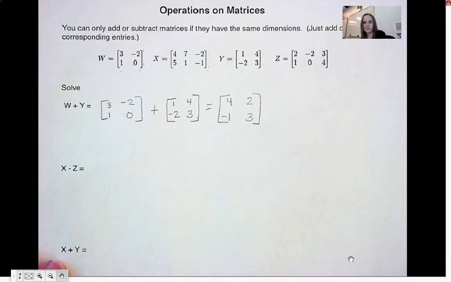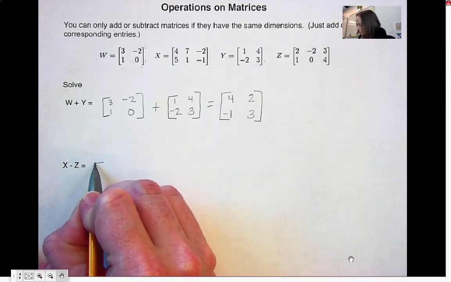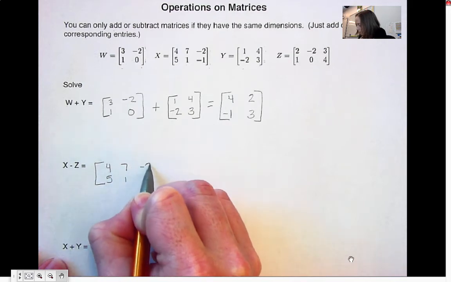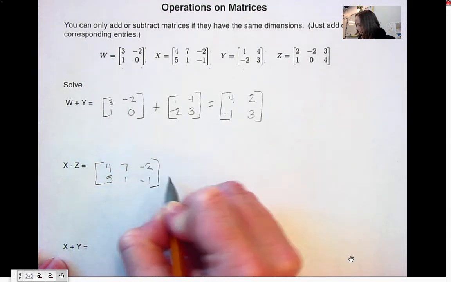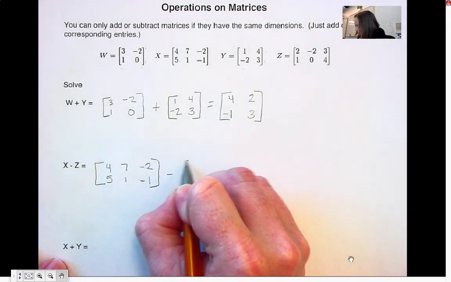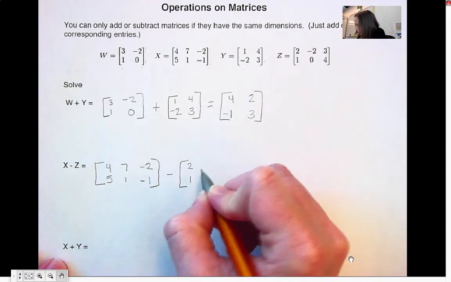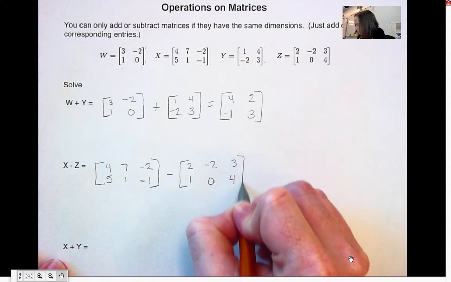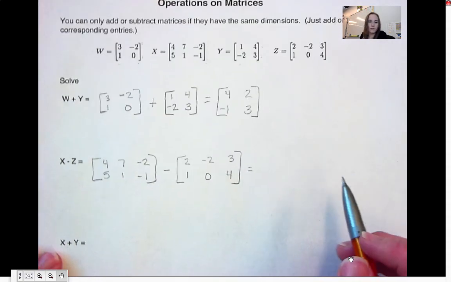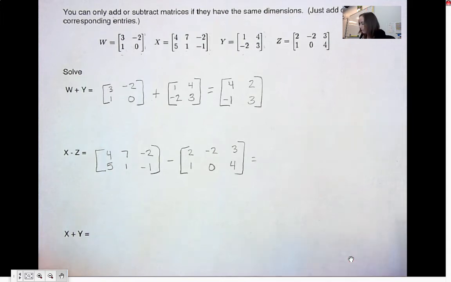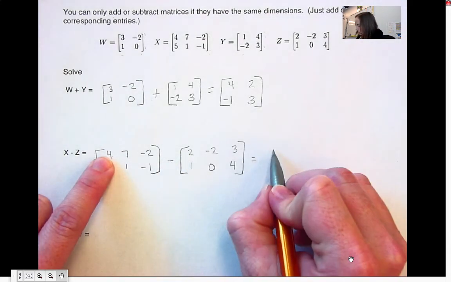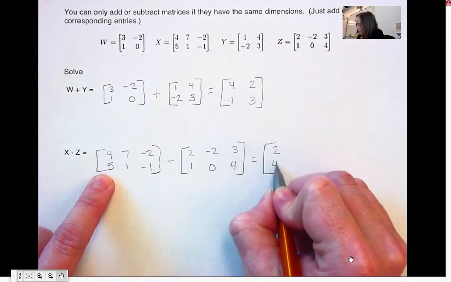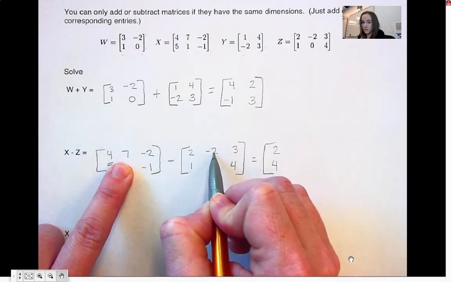Let's try X minus Z. X minus Z, 4, 5, 7, 1, -2, -1, minus 2, 1, -2, 0, 3, 4. Okay, so be careful with the signs because you're subtracting. 4 minus 2. 5 minus 1. 7 minus a -2.